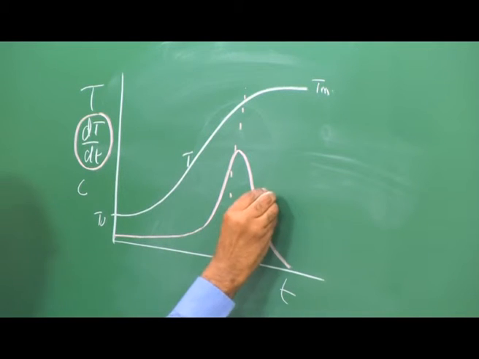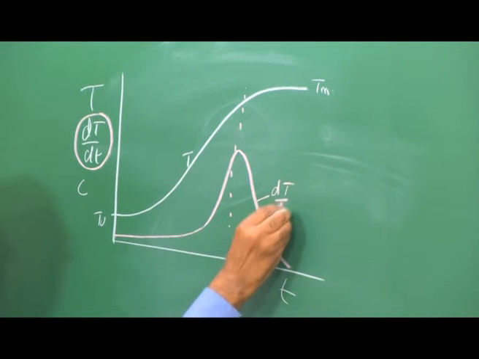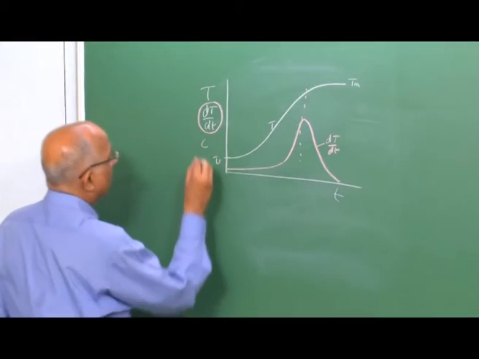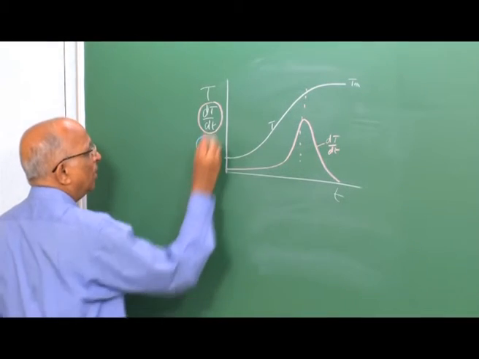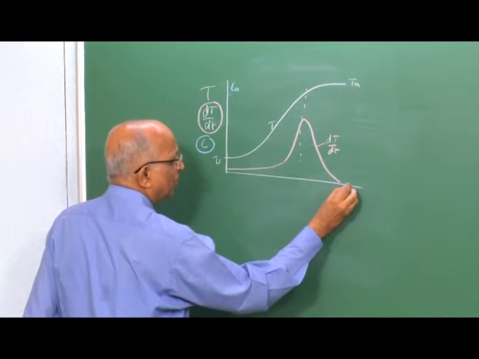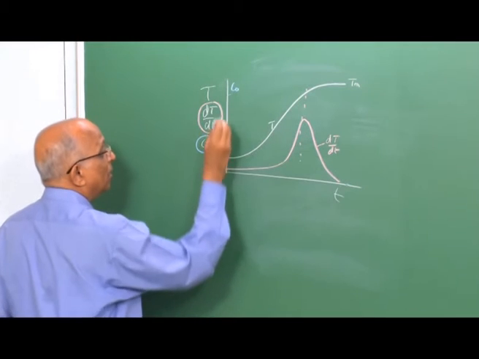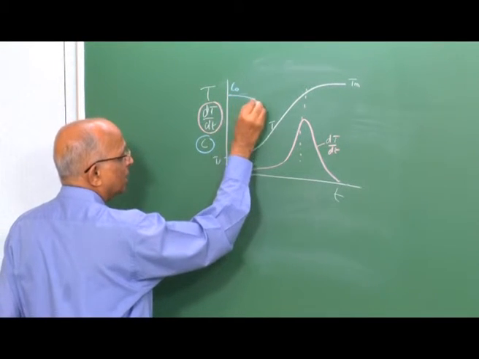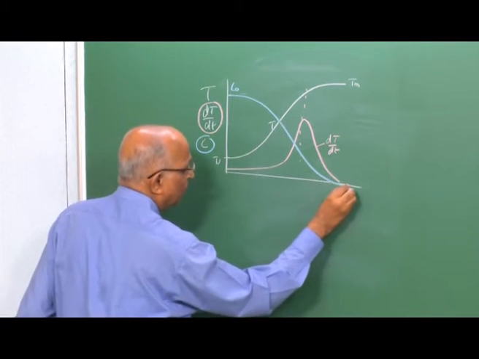This is the value of dT by dt. If I were to plot the concentration C at any time, initially the concentration is C naught, the final value of concentration is 0 because all the fuel is consumed, and therefore, this is the initial value, it starts like this and comes over here.